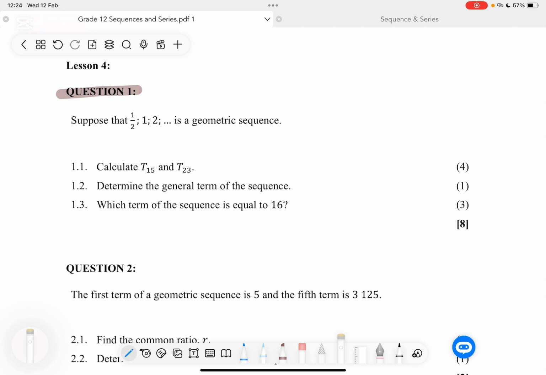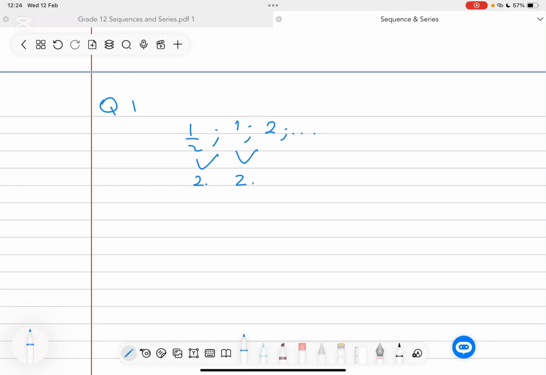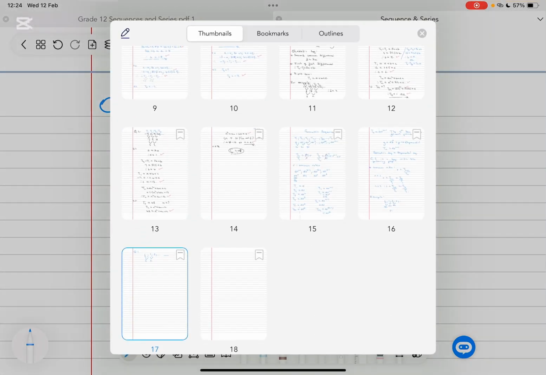Question 1.1 says to calculate the 15th and the 23rd term, and it's given for 4 marks. Obviously, we can see that the 15th and the 23rd terms are somewhere at the far point in this sequence.